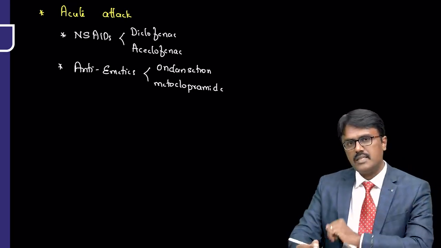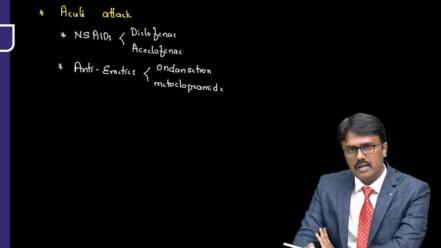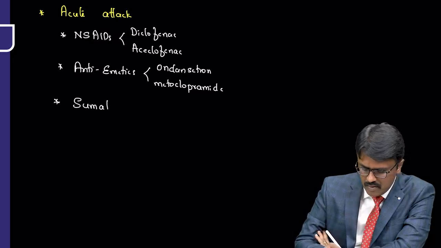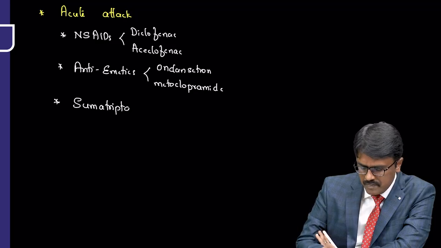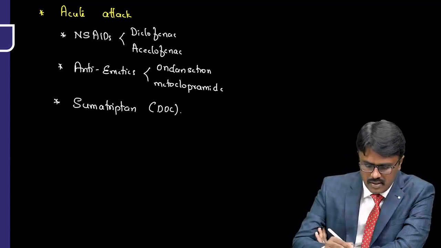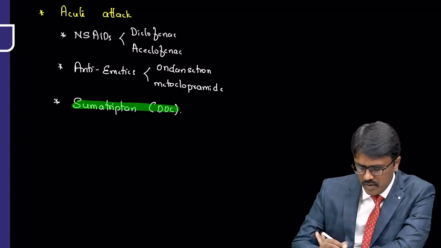So first is analgesic, NSAIDs, antiemetic drugs, ondansetron, metoclopramide, and you can also use triptans. Sumatriptan and triptans are the drug of choice for acute attack of migraine. Please mark this. Triptans are the drug of choice for acute attack of migraine.